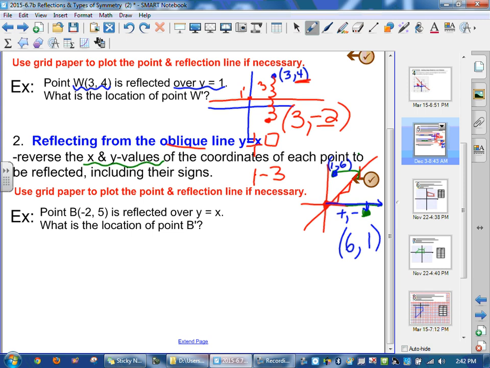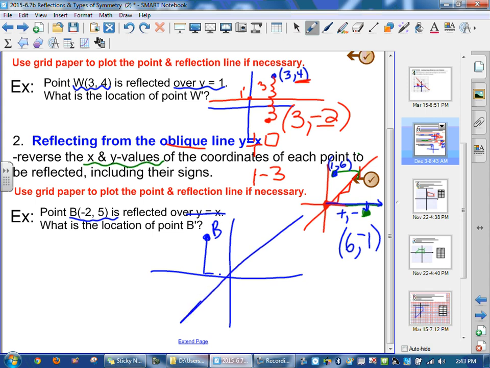So let's take a look at the one they gave us. They said point B, and here's my fake axes, point B is at -2, +5. So I go 2 left, 5 up. Okay, there's point B. And it's going to reflect over that diagonal line. Well, we know the diagonal line goes right through the middle at 0, 0. Where am I going to put the new one?